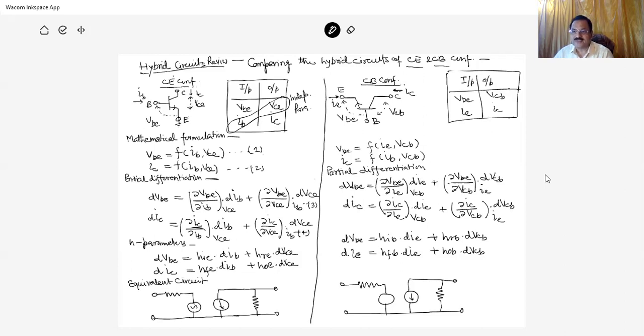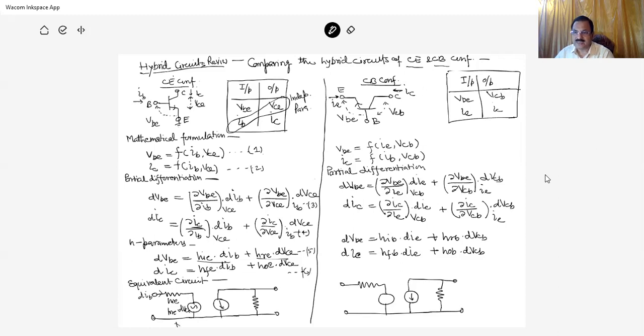On the basis of these parameters, if we draw the equivalent circuit in common emitter configuration, here the base current dIB flows through the resistance hie, so a potential drop appears here, and this is the first term. The remaining term, hre into dVCE, is the voltage source. This is equation 5 and this is equation 6.